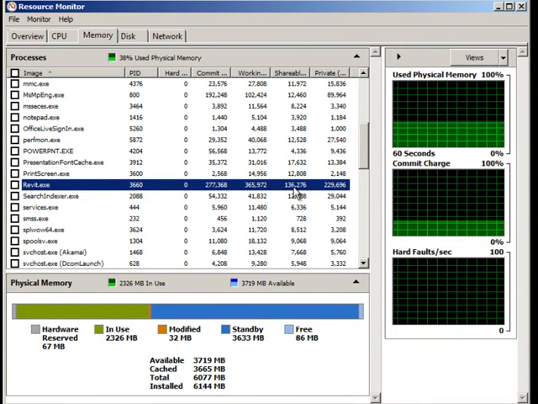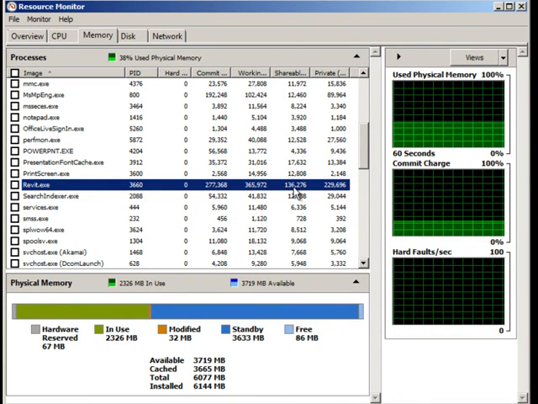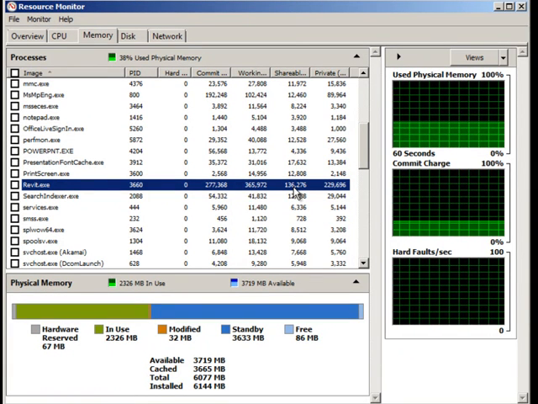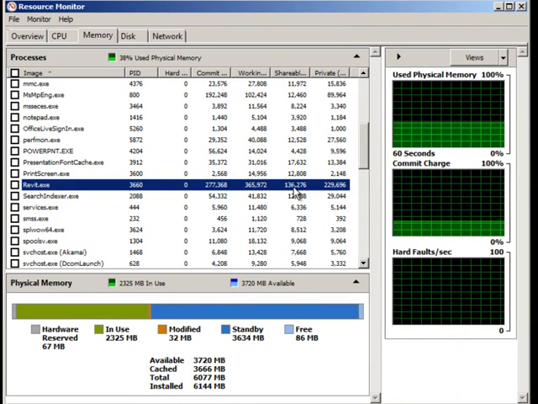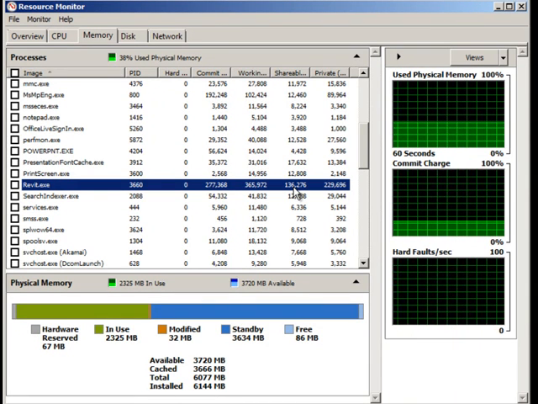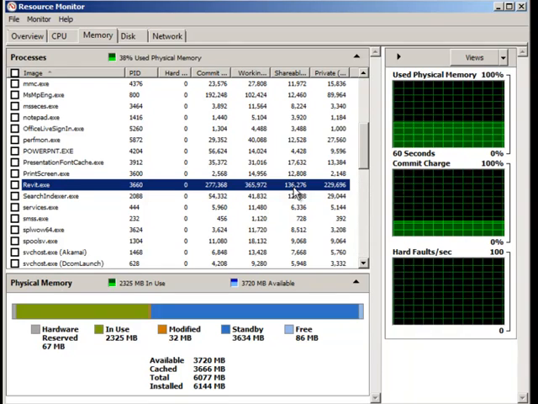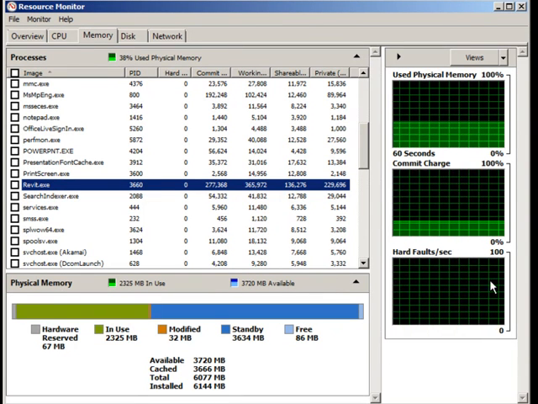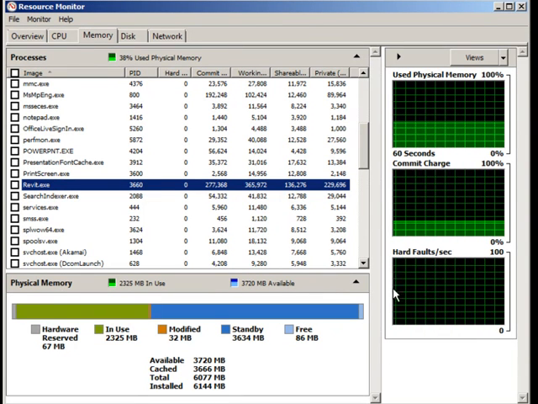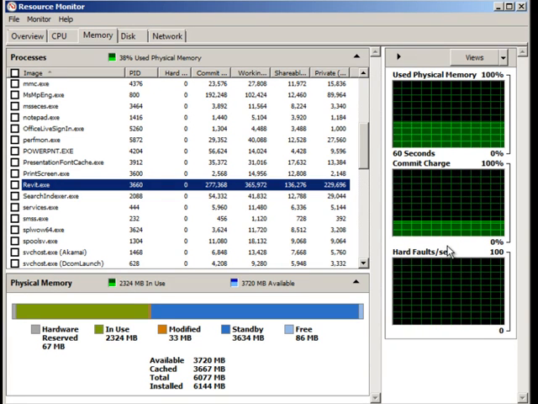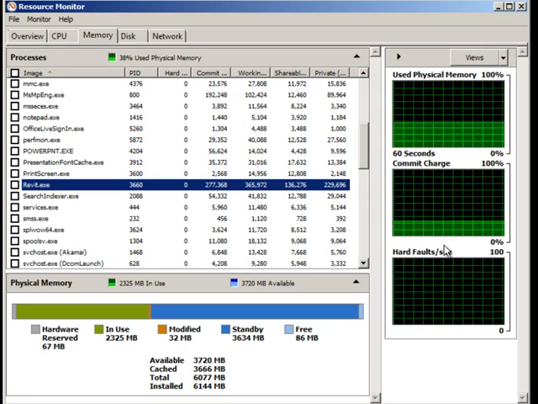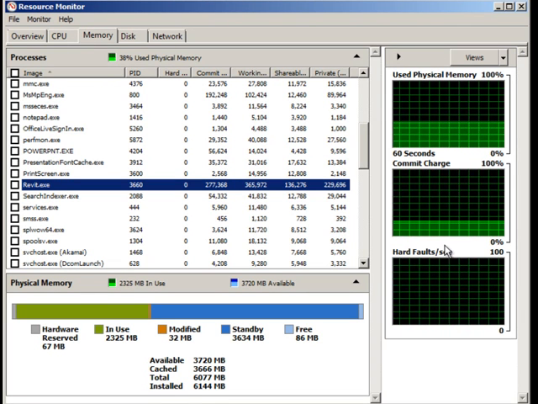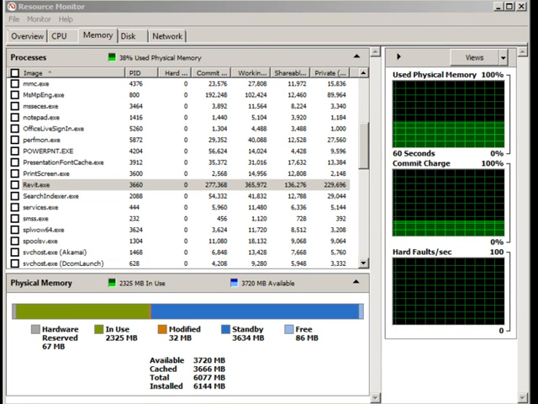What that means is that this 136 megabytes in the shareable memory can be given to any other process that's running or will be running. So if it doesn't need the memory, it will actually give it back to the OS. You can see also on the right hand side I have a hard faults per second chart or graph. You want to minimize the amount of hard faults on your system by having sufficient memory resources at any given time.